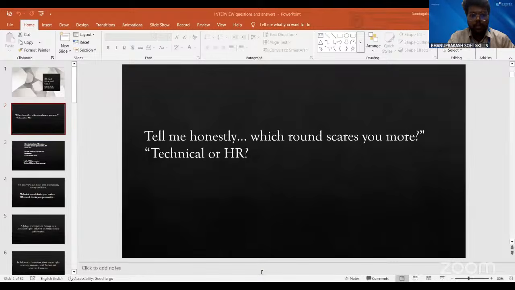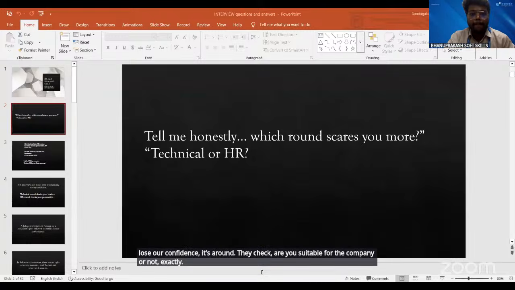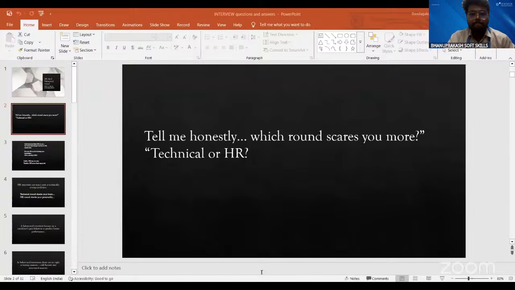In the HR round, they check whether you are suitable for the company or not. Yes, to test personality.